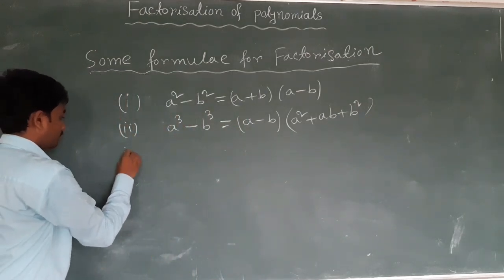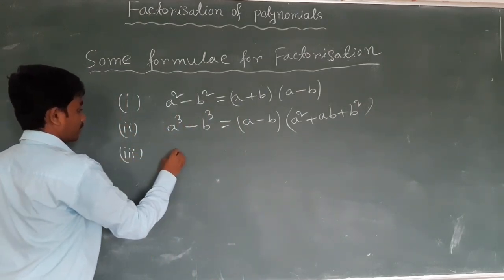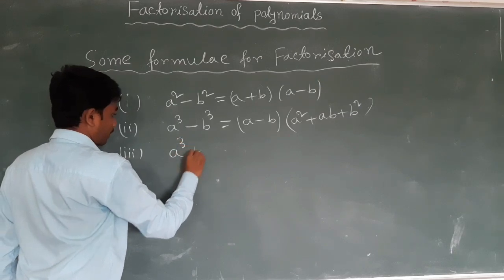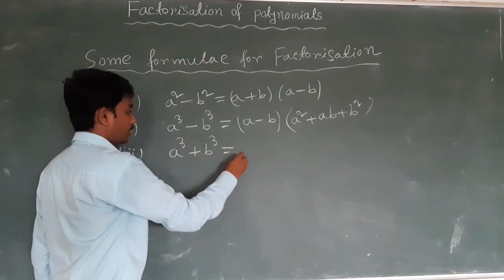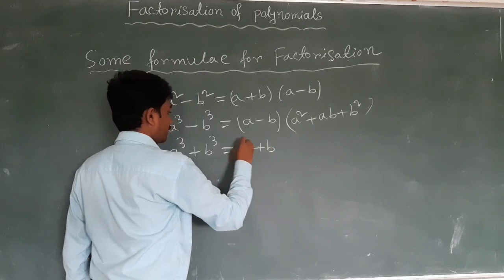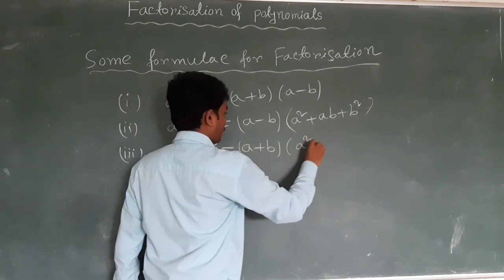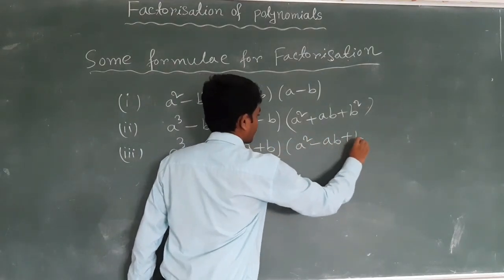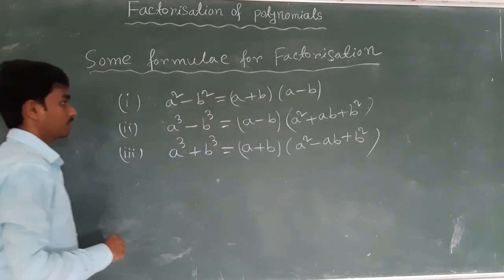And third one, a cube plus b cube is equal to a plus b into a square minus ab plus b square.